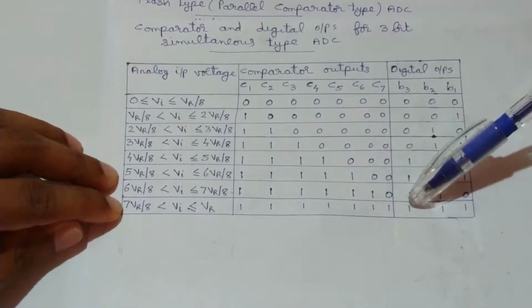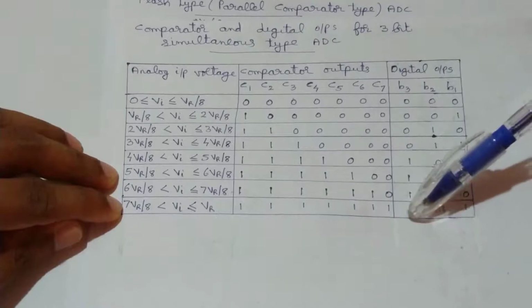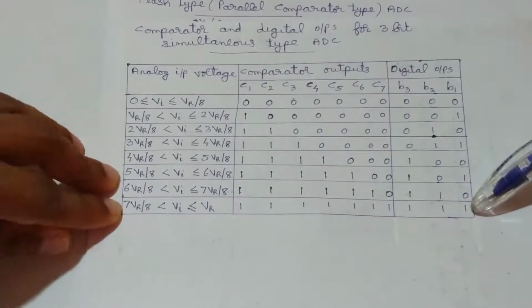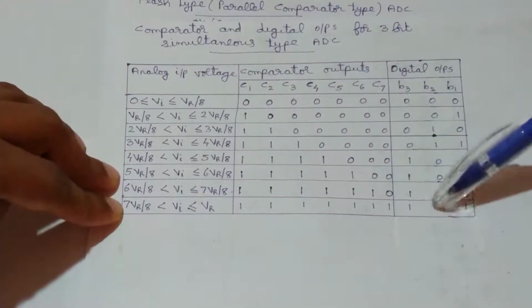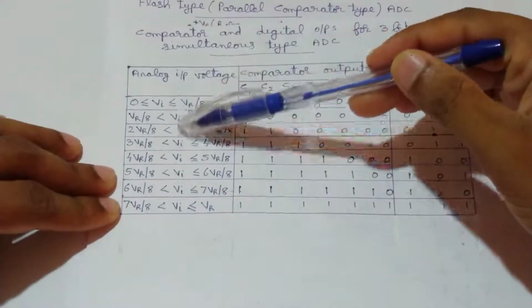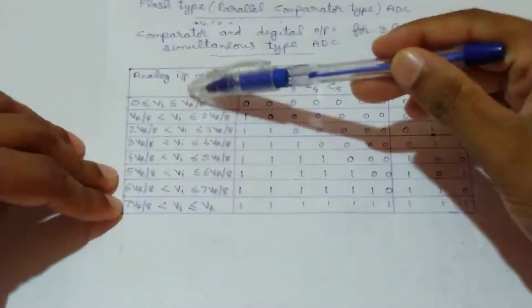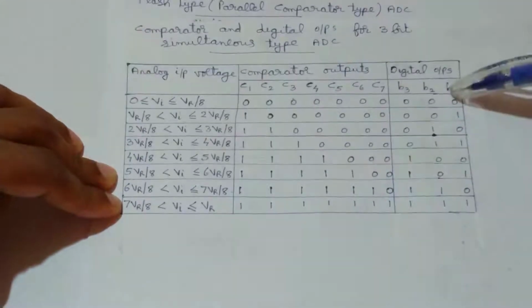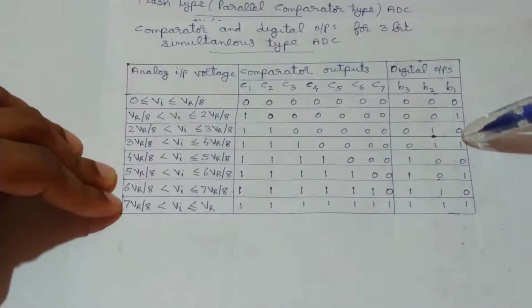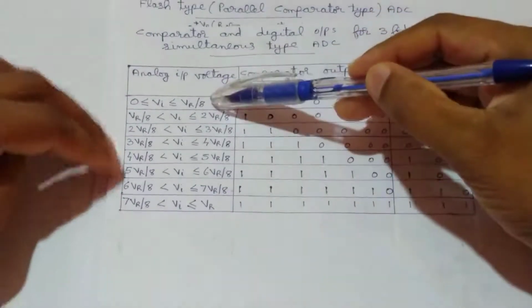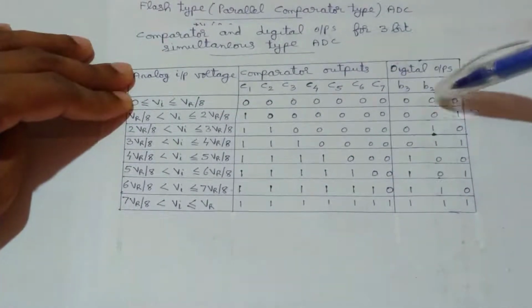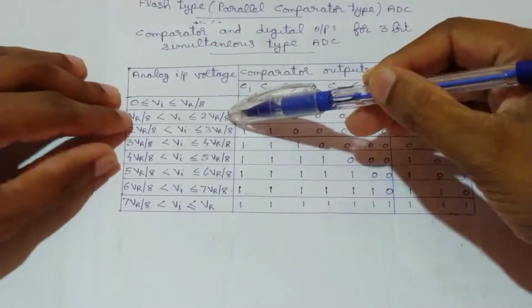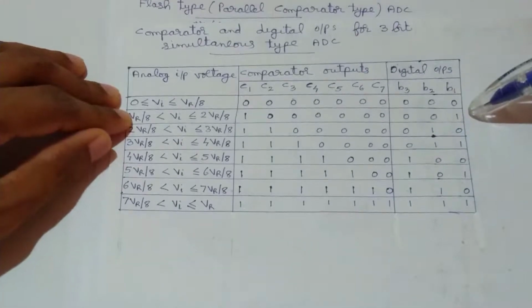So the digital output that we get at the output of the priority encoder is 1, 1, 1. Depending upon the range of the input, we will get the corresponding digital output. When the input is in this range, we will get 0, 0, 0. When the input is in this range, we will get 0, 0, 1, like that.